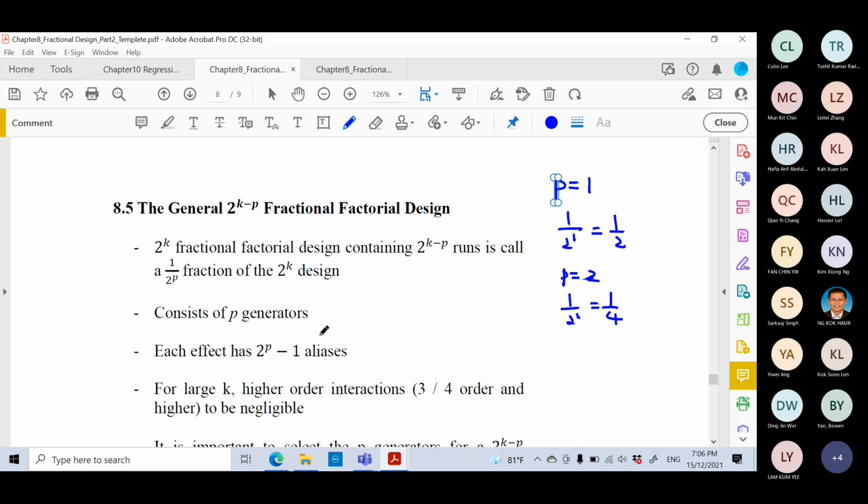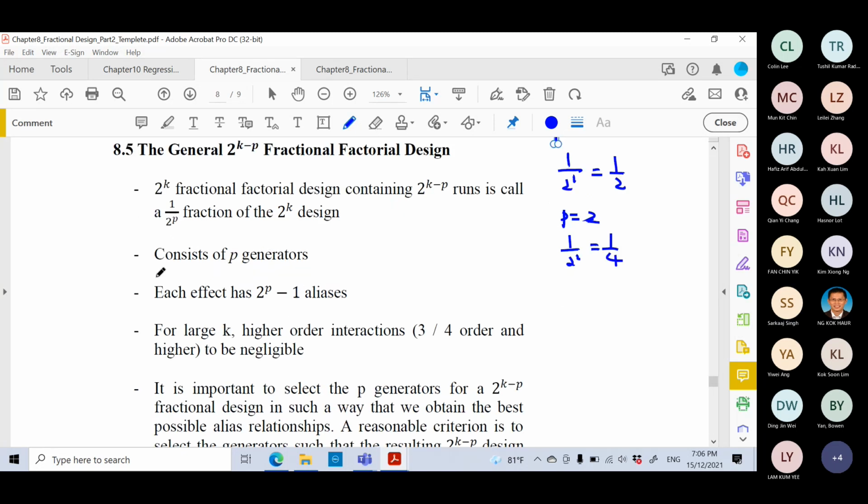So in general, the fractional factorial design consists of p generators. Of course, when you consider their alias structure, you also need to consider the interactions of all these generators. Each effect has 2 power of p minus 1 aliases.